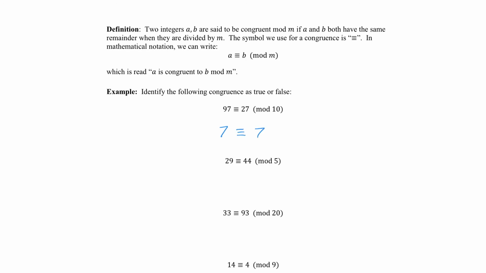So the remainders are the same, so this one is true. In the next problem we have a mod 5, so we divide both sides by 5 and produce the remainder. 29 divided by 5 has a remainder of 4, and 44 divided by 5 has a remainder of 4 as well. So those ones are also true.